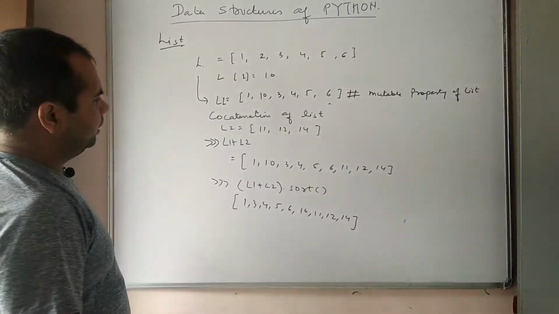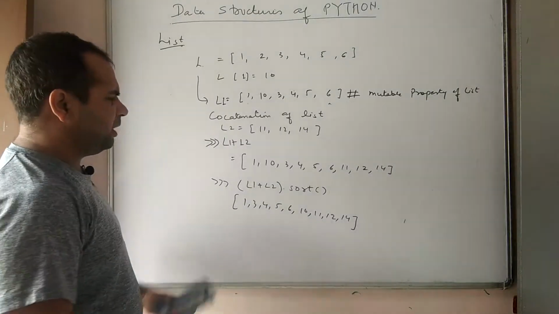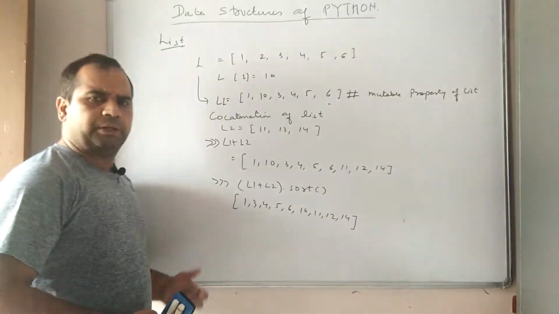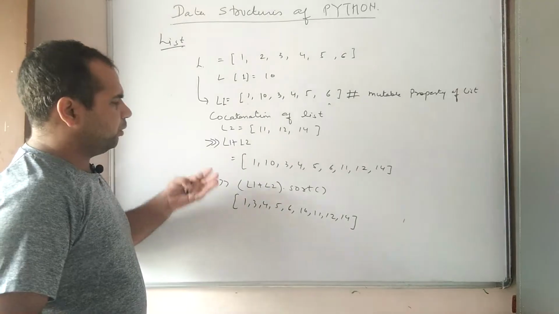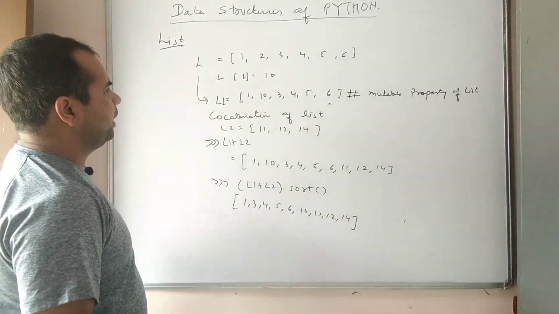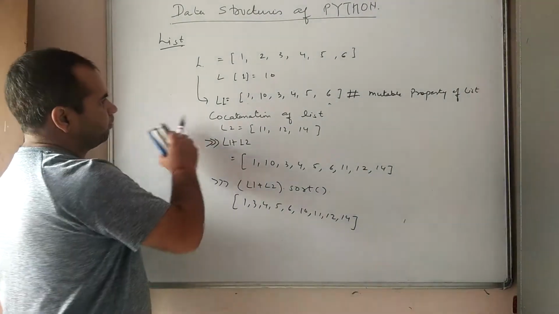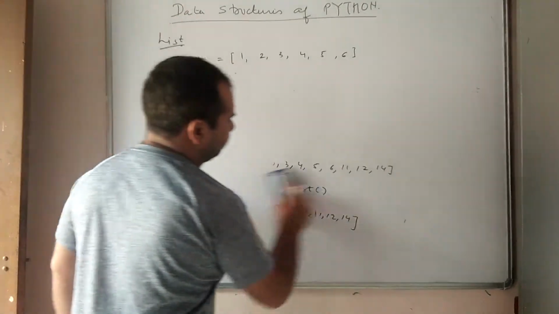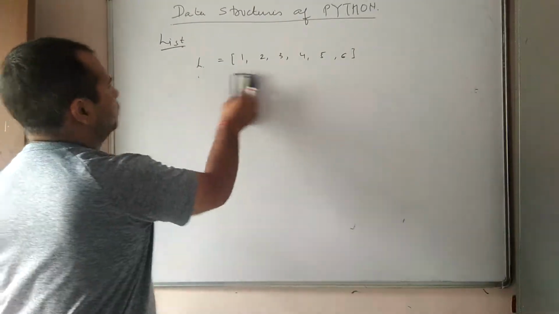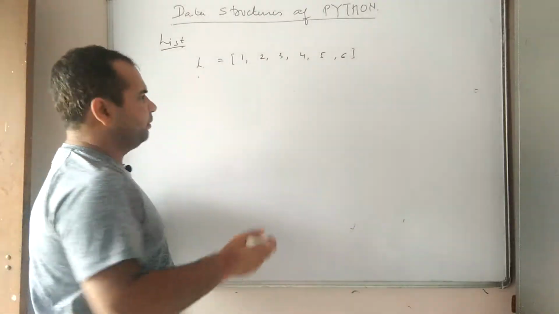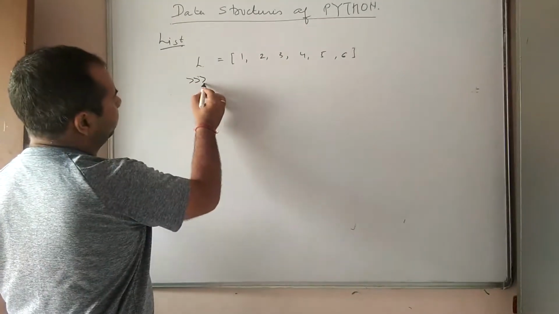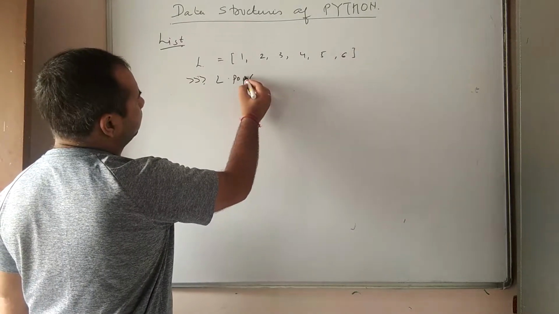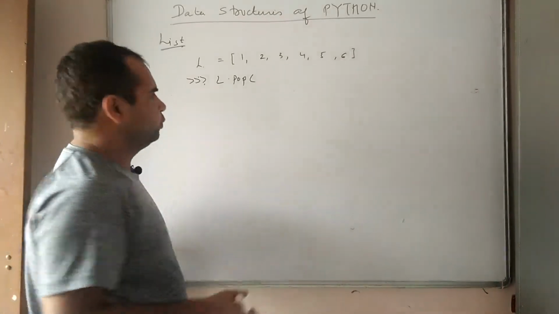There are many more functions which are used with a list. I'm going to list them one by one and show their properties. To remove a particular element from a list, in the command prompt, L dot pop. Pop is a keyword used to remove an element.